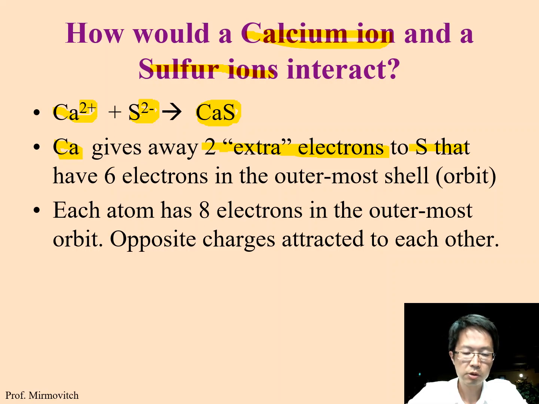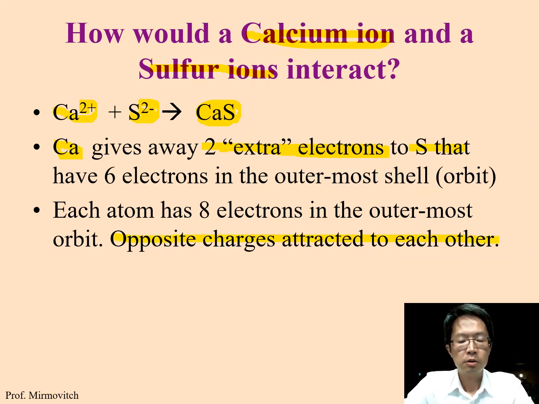So this is what I like to say: when someone wants to give and the other person wants to receive, then they form a bond. Opposite charges attract each other. An analogy is like getting married, basically.